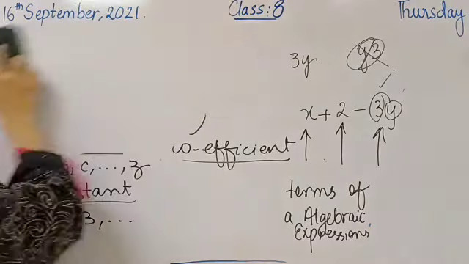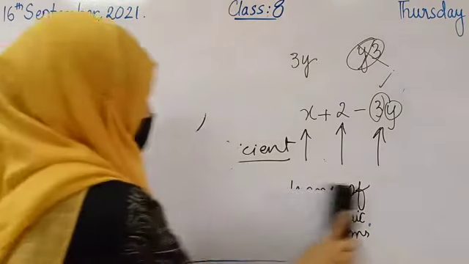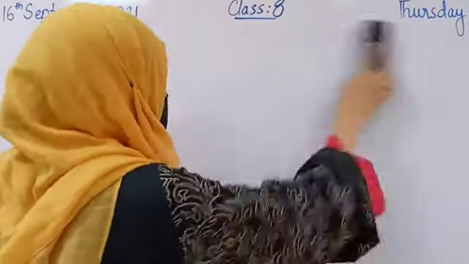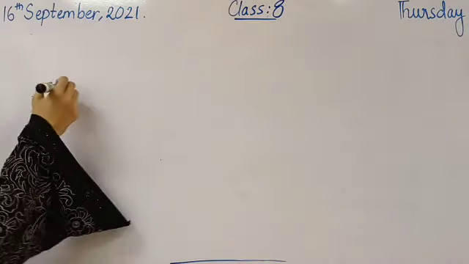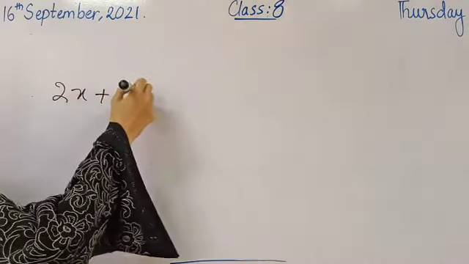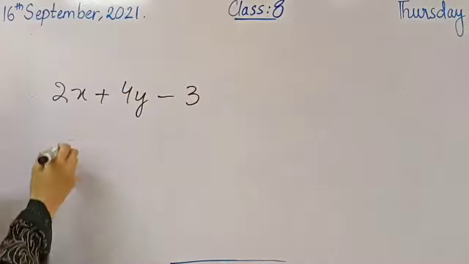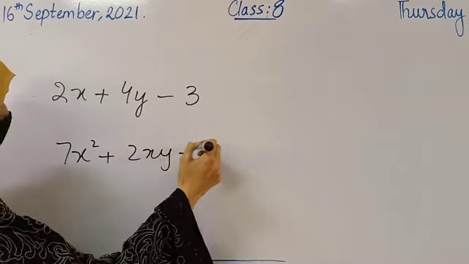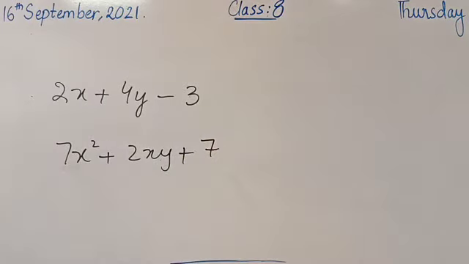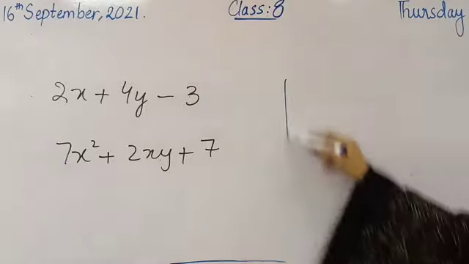Let me raise the board. Now I am writing some expressions. For example, 2x plus 4y minus 3, and 7x square plus 2xy minus 7. So identify the variables which are used in the first expression.